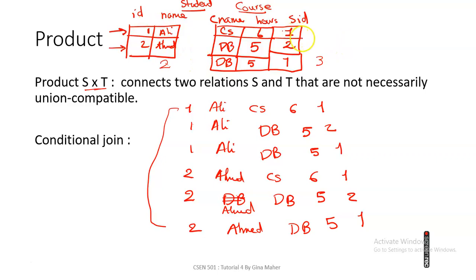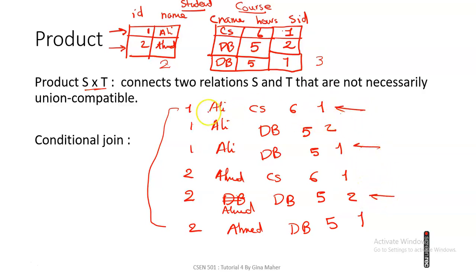So, if we want to know which student is enrolled to which course, after product, we should extract certain rows, where the ID is equal to the SID, which is this case, this one, and this one.